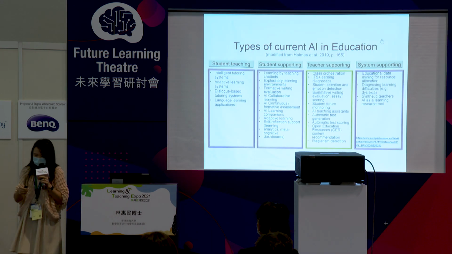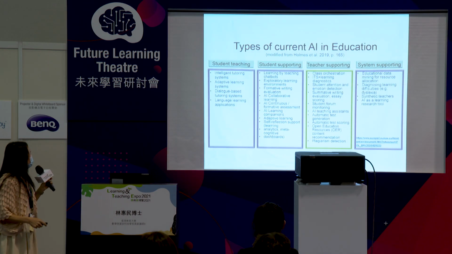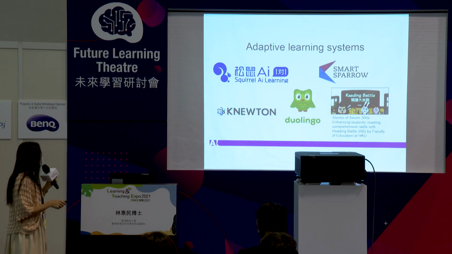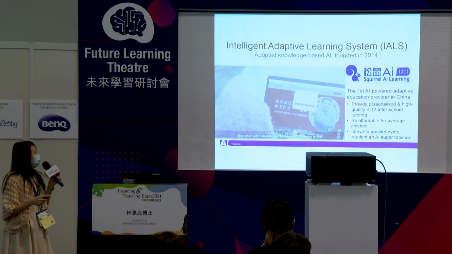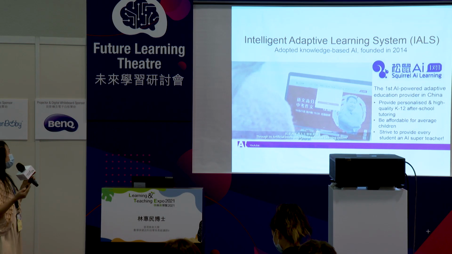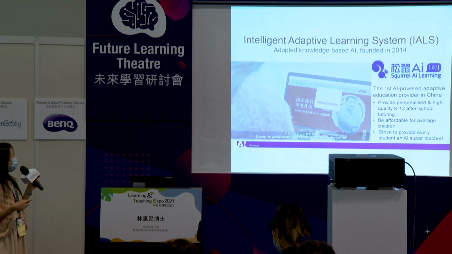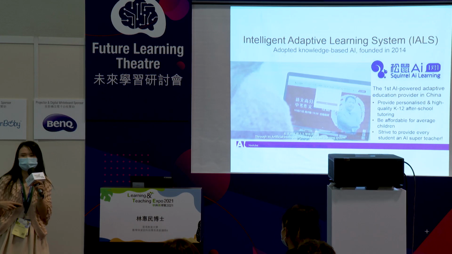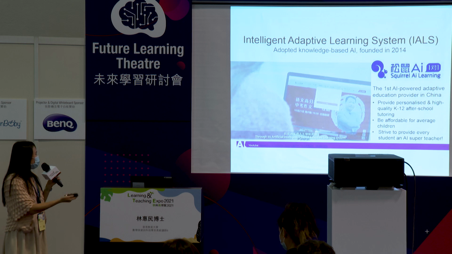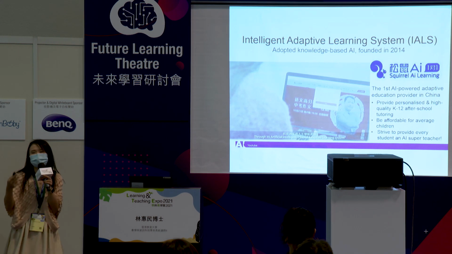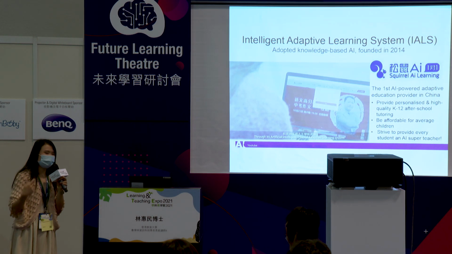All right, next is about some of the projects that we can share. This is not developed by us, but it is an AI-powered adaptive education platform, similar to the one that I demonstrated. Every student will have what looks like a personal, private tutor.